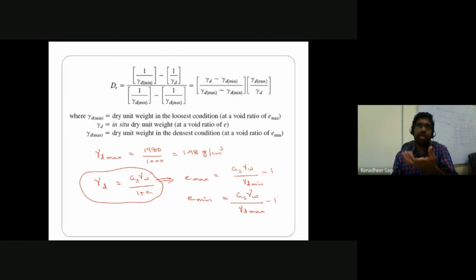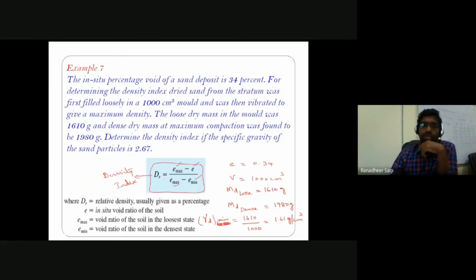That's when you have your dry density at its maximum. So from this, I can get the maximum void ratio and the minimum void ratio. The natural void ratio, the in situ void ratio, is already known. So I can go back to the earlier expression we have seen to estimate the density index. This is one approach.